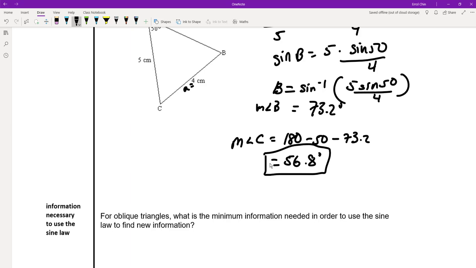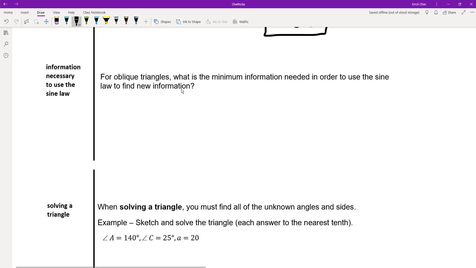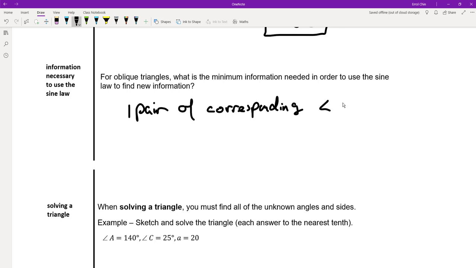All right. It says here, for oblique triangles, what's the minimum information needed in order to use the sine law to find new information? Well, the minimum is you need one pair of corresponding, that means you need an angle and one side.